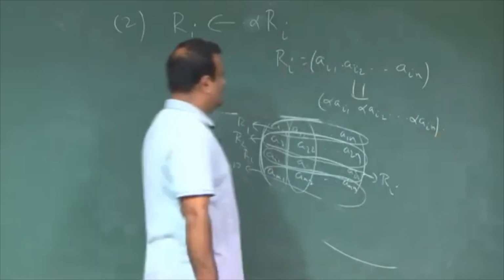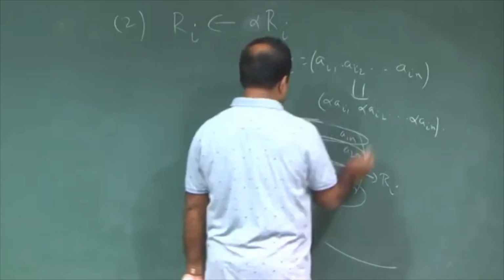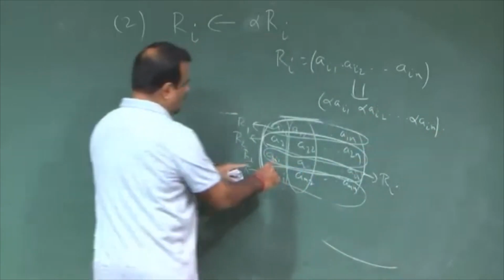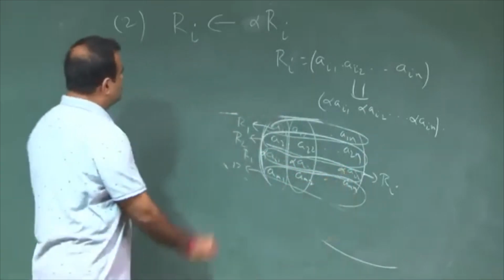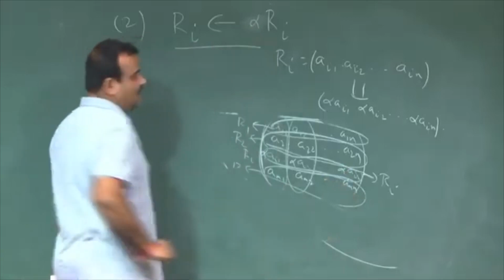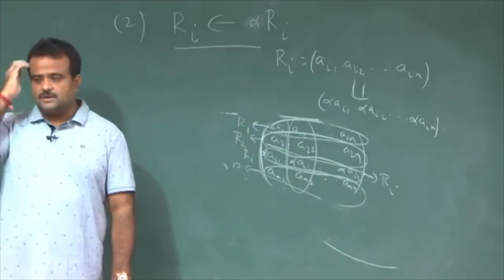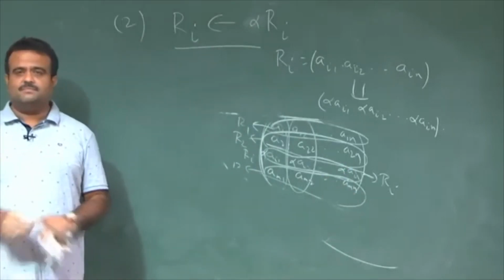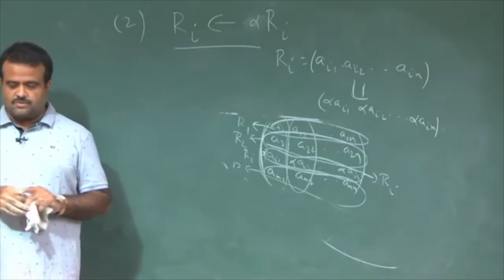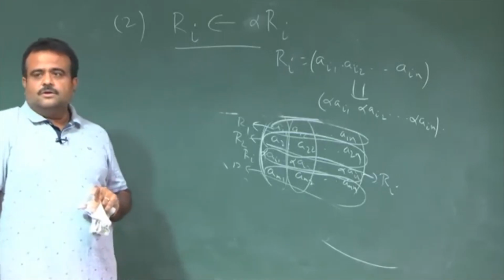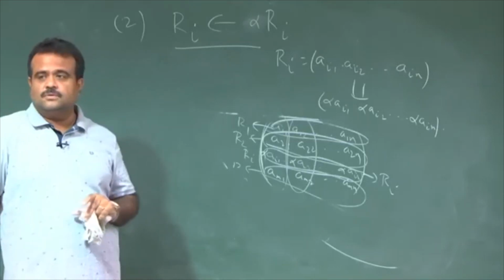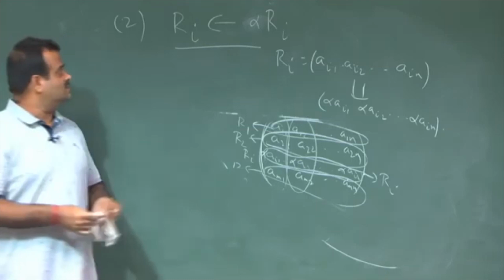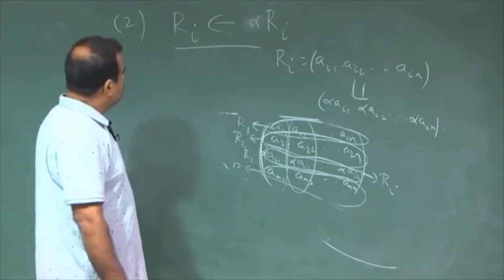So, this will be replaced by alpha times all these elements. This operation is referred to as multiplying Ri by a scalar, a constant real number. Here we are talking about the real field. So, multiplying a scalar on each element of the row is what this means. Okay, this is one operation.